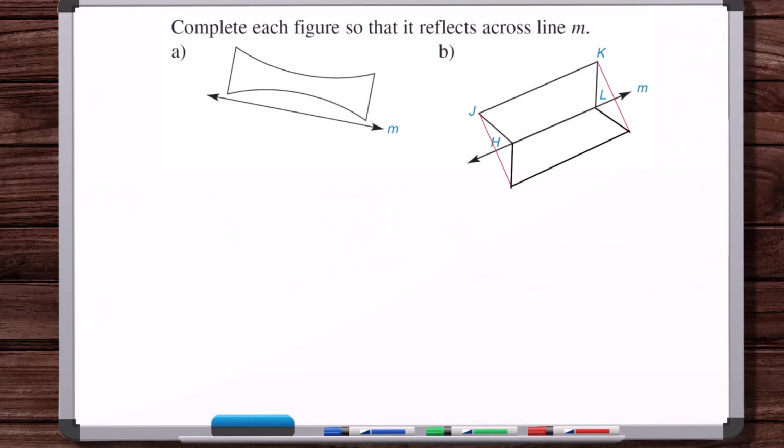Now let's reflect those two points, about like that.